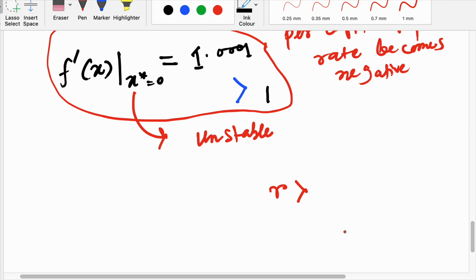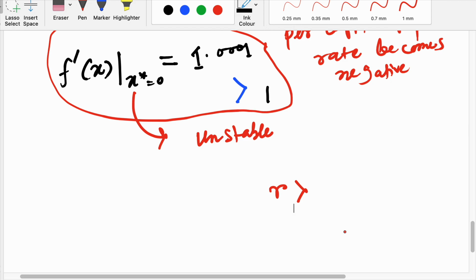If r becomes less than 1, the whole population will be extinct. That is a very unfortunate thing for the population. But if r becomes greater than 1, it can completely avoid extinction. That is called the bifurcation.